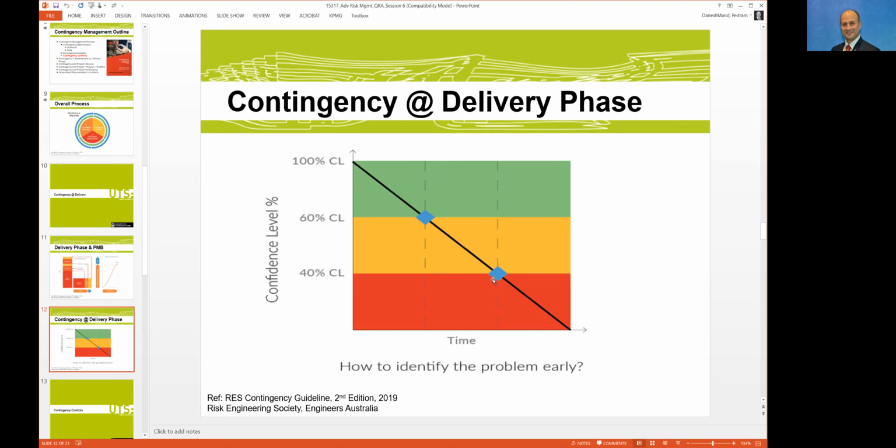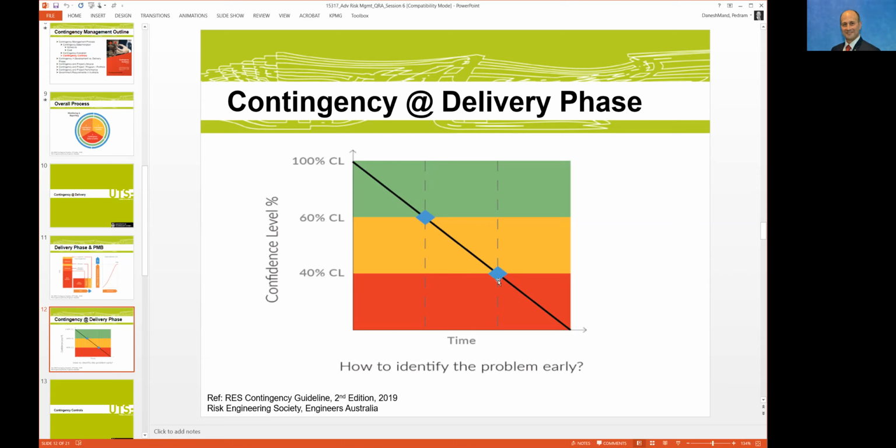Generally it takes time, and when the confidence level gets to very low levels like 30% or 40%, this is the time that people will look at it, they go to the site and say, oh, it's not practical. It's very unlikely that you can achieve the completion date or target budget. But the problem is, at the time you get there, it's too late.